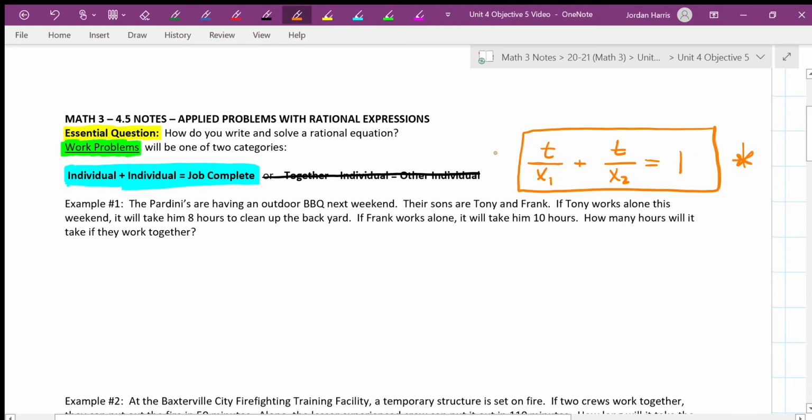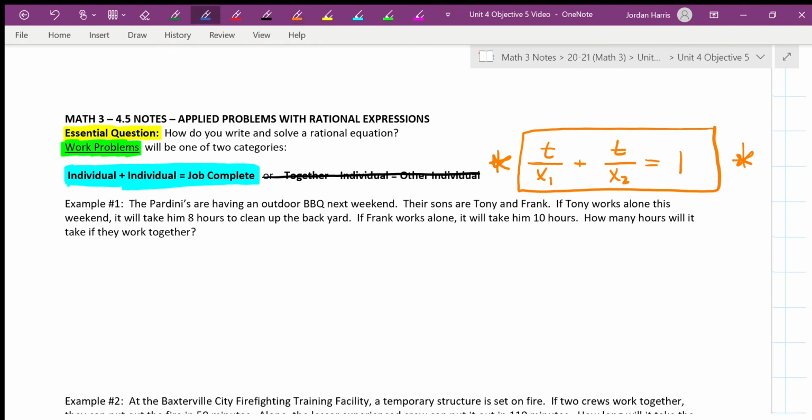This is the equation you need to know how to fill out, where T is the total time. Usually that's what we're solving for, but not always. X1 is the first person's chunk. T is the same, the total time, divided by X2, which is the second person's chunk, and that always equals 1, which represents 100%, the full job being done.